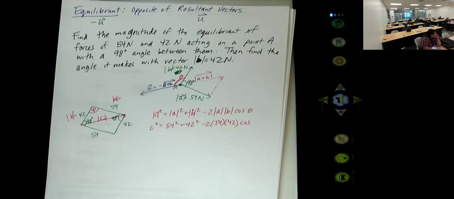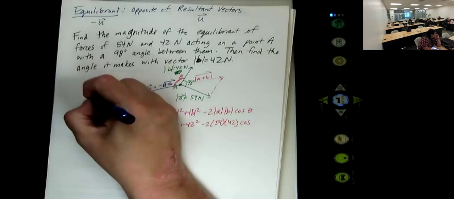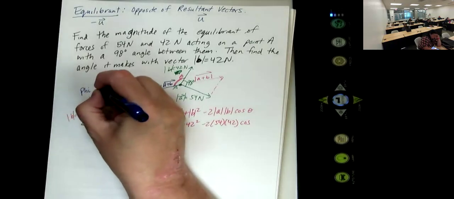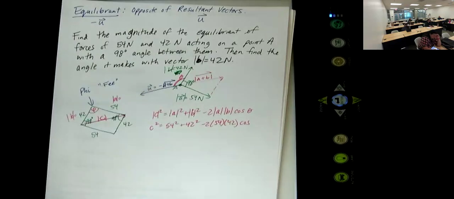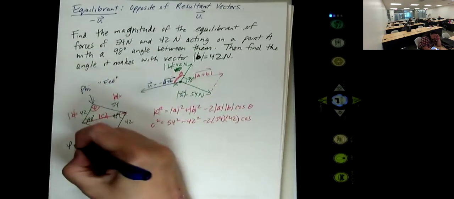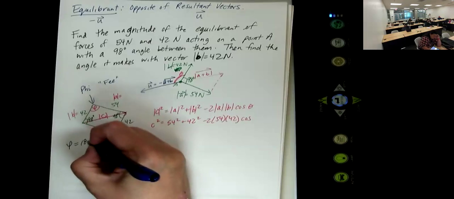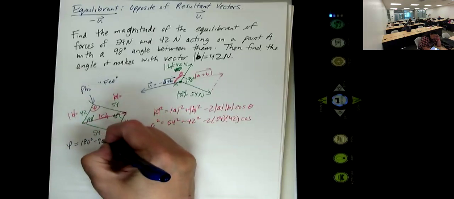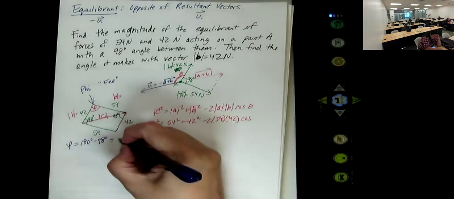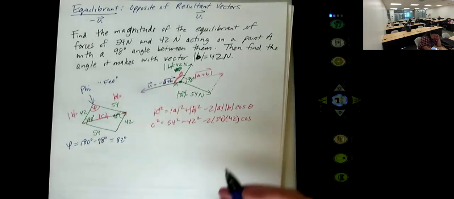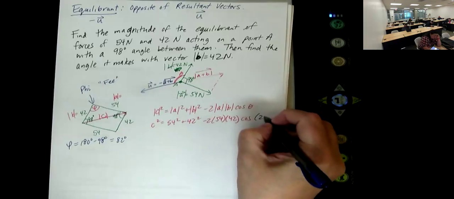I need to get that figured out. It's phi. So phi is 180 minus 98. How much is it? 82 degrees. So we'll throw my 82 in right here.